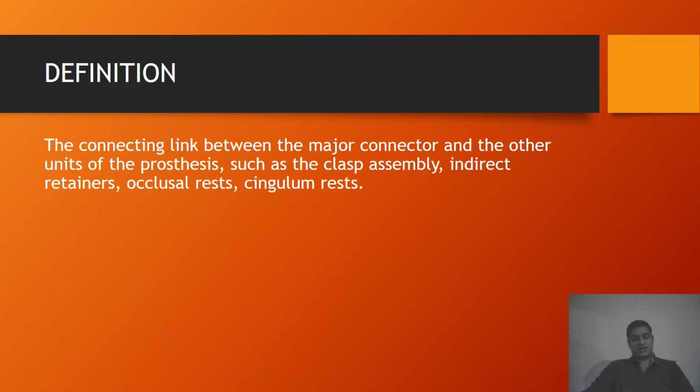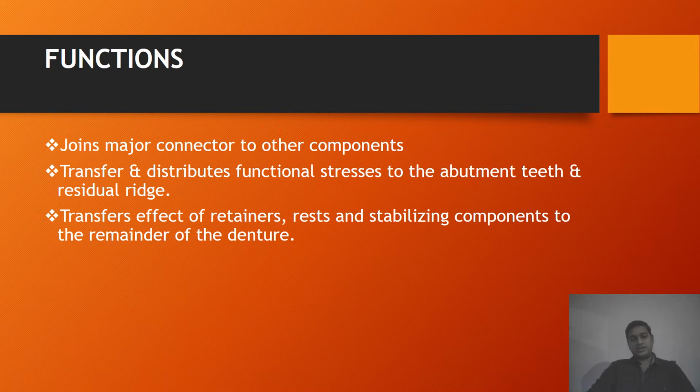As the definition says, the minor connector is the connecting link between the major connector and other units of the prosthesis, such as the direct retainer, indirect retainer, occlusal rest, cingulum rest, etc. The main function of the minor connector is to join the major connector to the other components of the partial denture.